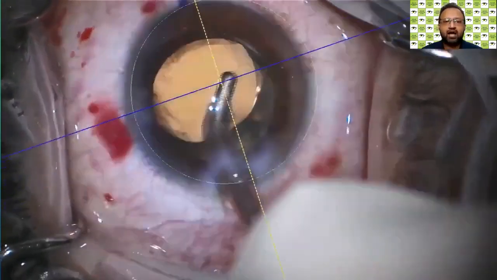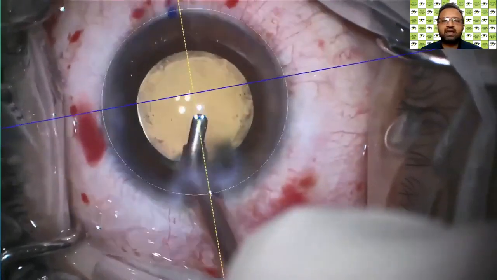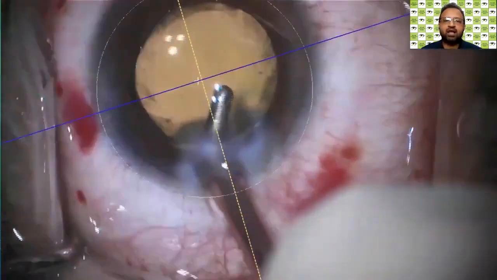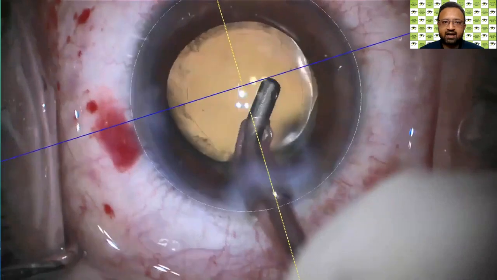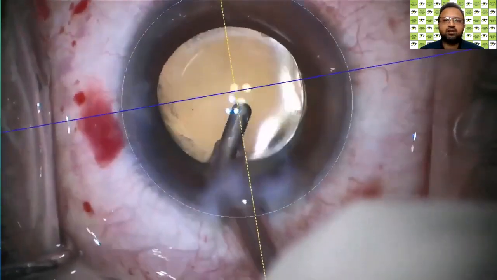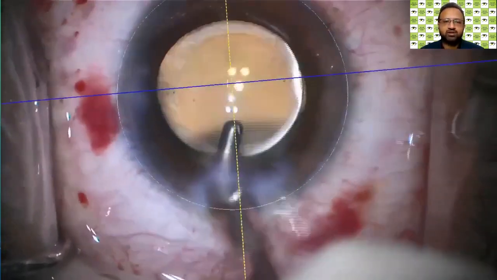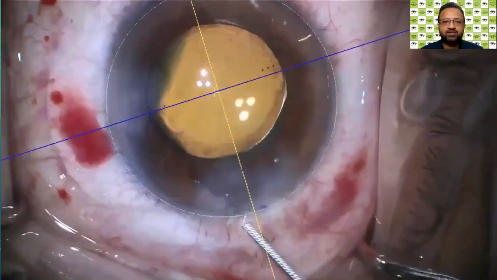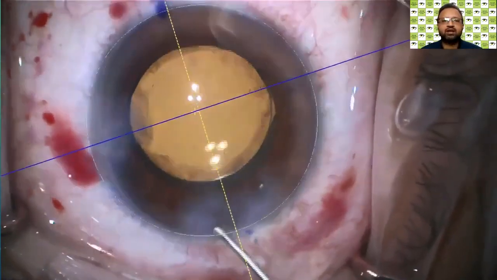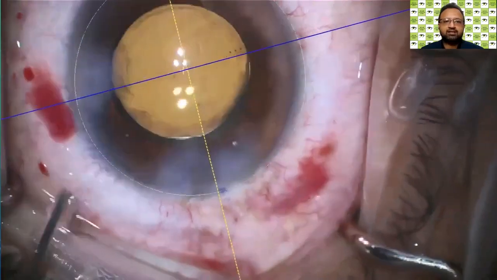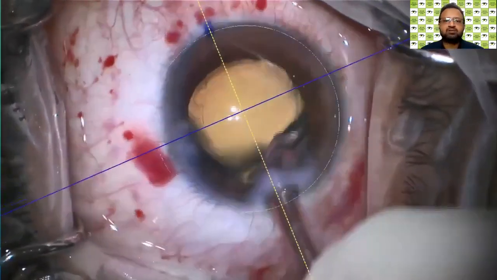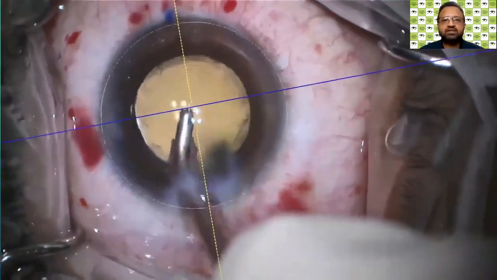The blue line here is my axis marking where my toric IOL alignment should be done, and we align the toric IOL with this blue marking. In the new generation of the Callisto machine, there are 3 blue lines, so it gives more accuracy. This is the alignment of the axis, so the axis marking is done with the digital marker.